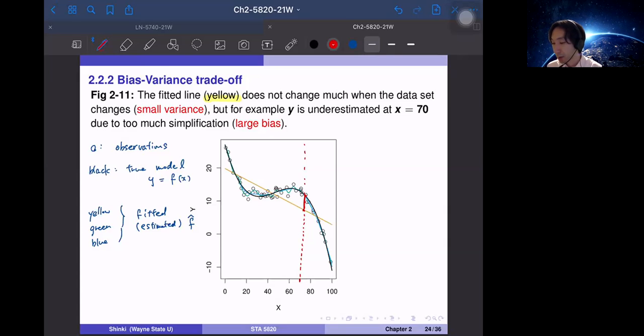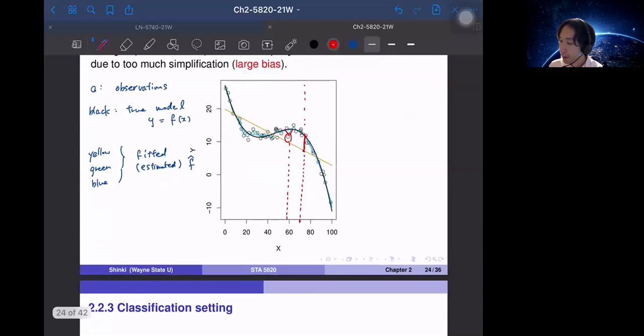It depends on the situation, but when we don't know the truth, for example, if x is around 59 or something, then the green one fits the data the most flexibly, so bias is small, although variance may be large. So in this case, the blue one is the best in terms of the balance between bias and variance. So we have to find some good one.